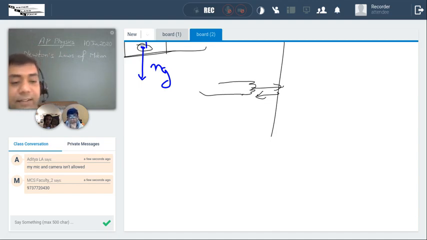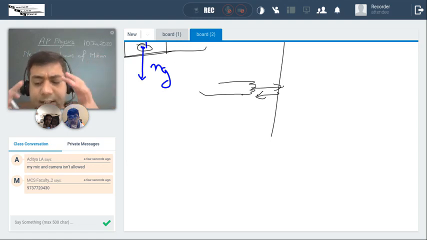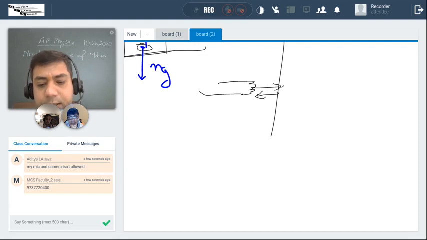I am mostly revising all the concepts which you have done. So don't say, sir, this is Newton's third law. Obviously, this is Newton's third law. You already know it. So basically, I'm going to revise each and everything in much more detail. My dear friends, I tell you one thing. This is not how you make the FBD.